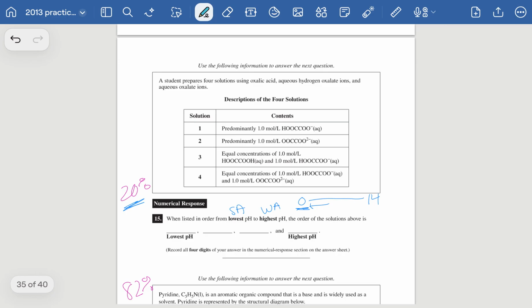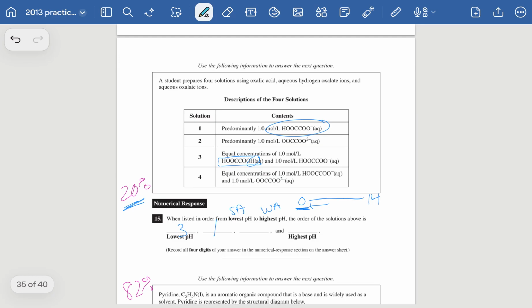So in terms of placement, your strongest acid is this one here. And then once you start reacting, we're going to lose a hydrogen. So the next strongest would be number 1, because that's showing you've lost 1 hydrogen.